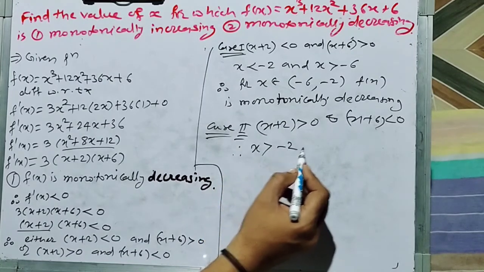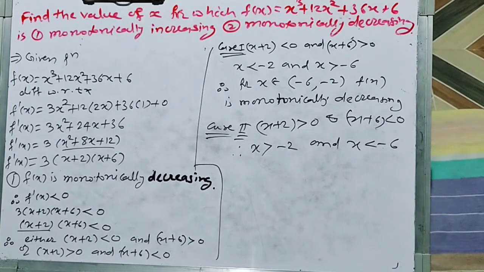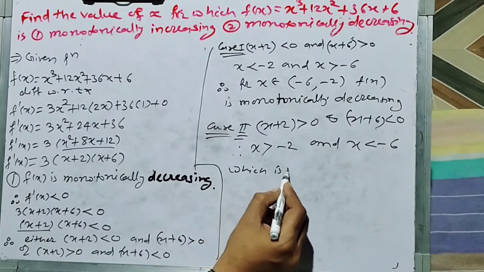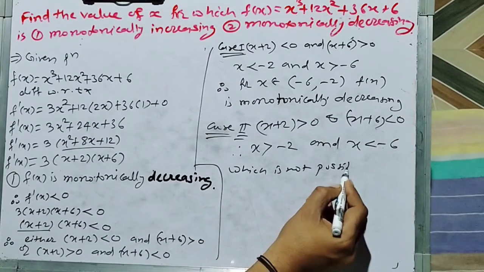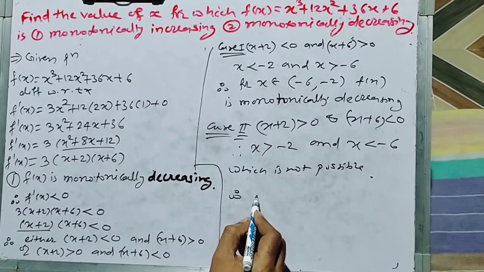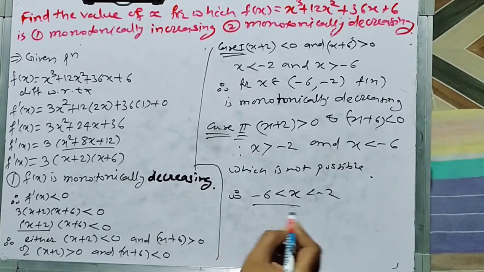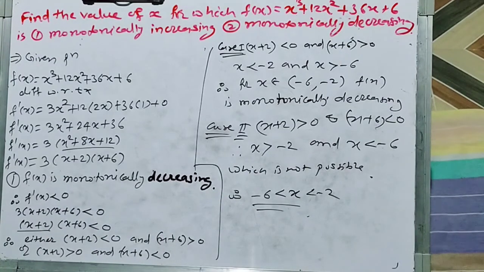So therefore x is greater than minus 2 and x is less than minus 6. It means the value of x is greater than minus 2 and x less than minus 6, which is not possible. So therefore minus 6 is less than x is less than minus 2 is the required value of x.